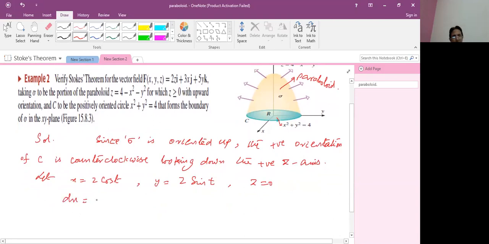Then we find the derivatives: dx is minus 2 sine t dt, dy is equal to 2 times cos t dt, and dz is equal to 0. So the limit of t is 0 to 2 pi.